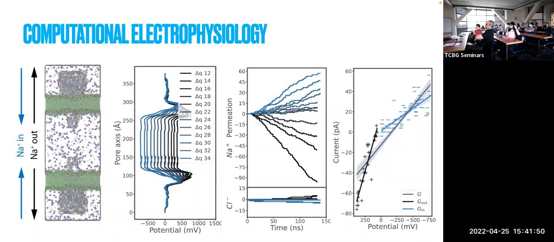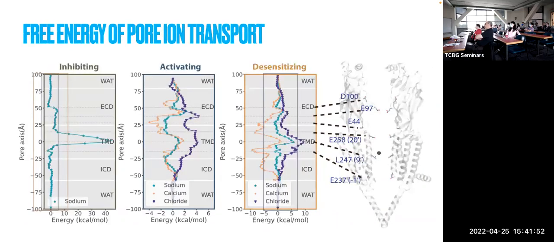Now, what Yuquan was also able to do is calculate the free energy of various ions in all these three pores. First, in the inhibited state, for sodium ions, we have an astronomically high energy. That's good. This channel is not conducting anything. And remember, we're not talking about extreme differences, it's less than 1 angstrom difference in the pore radii.